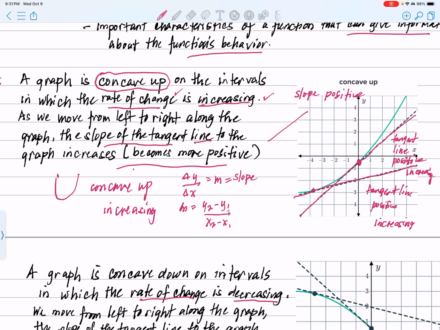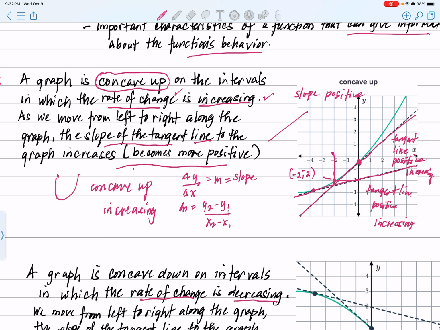So, okay, let's try. If I choose this point right here, wherein the x value is negative, what do we have in the y value? That is a negative value for y, right? Okay, so this point can be negative 2 and negative 2. Negative 2 in y, negative 2 in x.